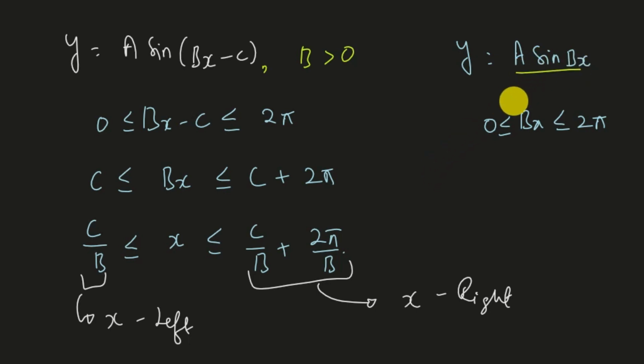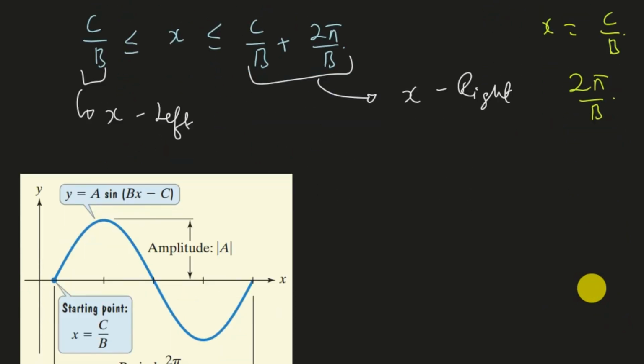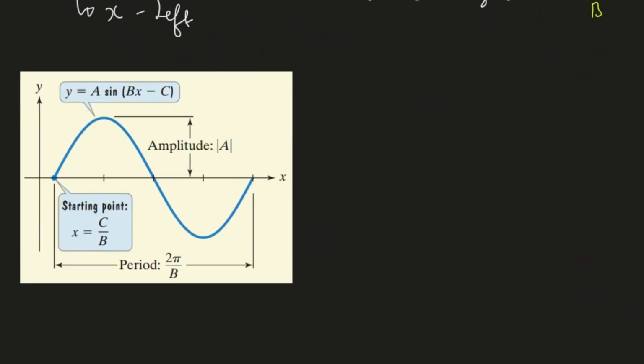And how much is the horizontal shift? Horizontal shift is from x equals 0 to x equals c over b. And the period would be 2 pi over b. To conclude, here you can see this is the horizontal shift. So what is the horizontal shift? From x equals 0 to here, this distance is c by b.